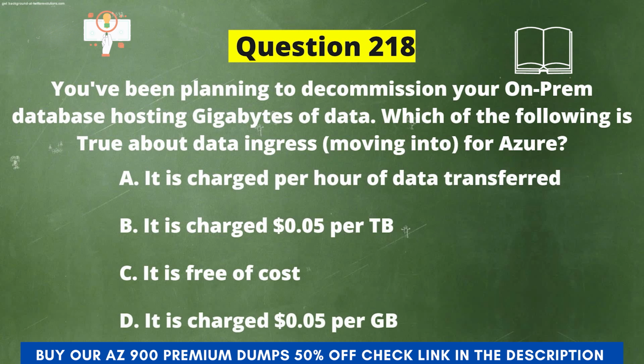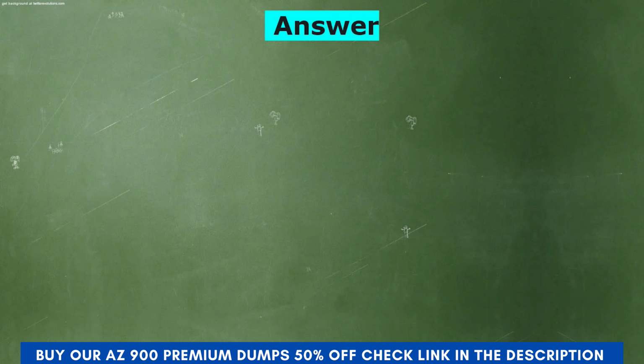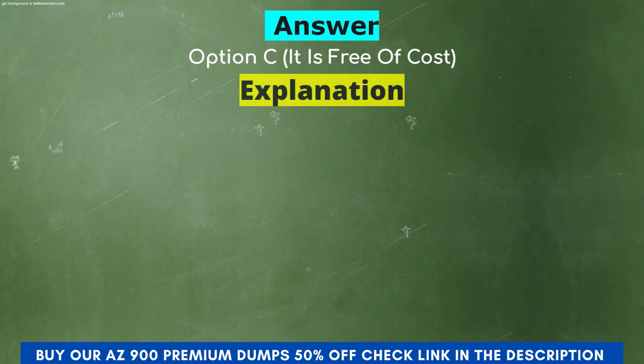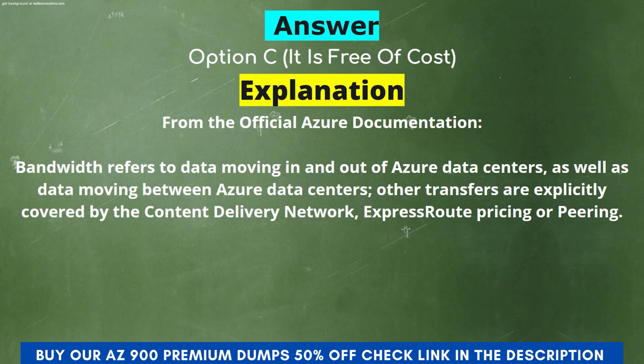D. It is charged $0.05 per GB. And the correct answer is option C. It is free of cost. Explanation. Bandwidth refers to data moving in and out of Azure data centers, as well as data moving between Azure data centers. Other transfers are explicitly covered by the content delivery network, ExpressRoute pricing or peering.